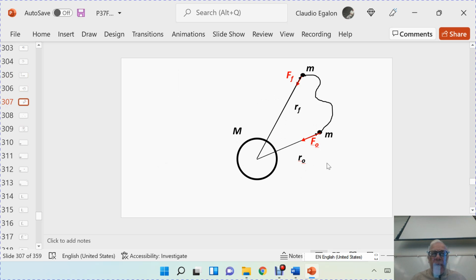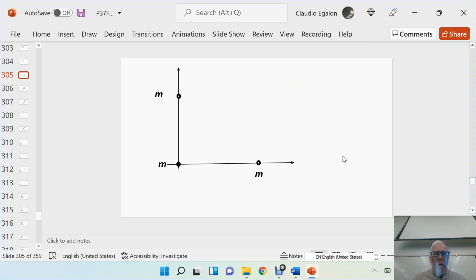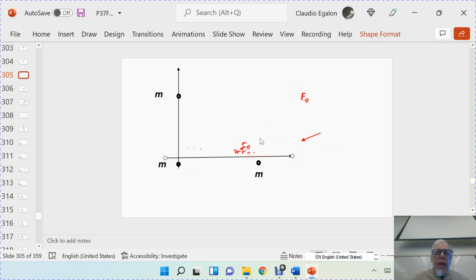I'm going to get this vector here, in a different color so we can see. So what's happening here? That's mass 1, that's mass 2, that's mass 3. Mass 2 is attracting mass 1, like that.